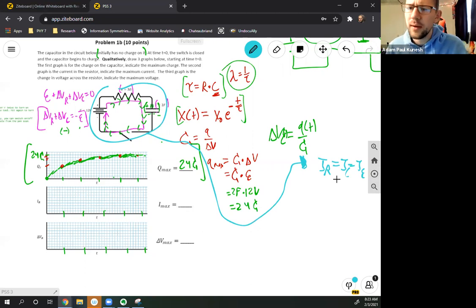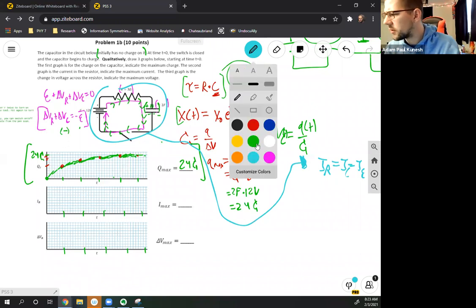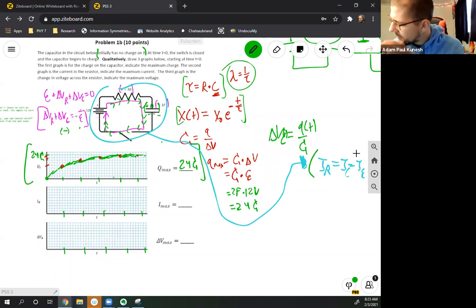Current can't just disappear because it's charge per time. We'd be destroying or creating charge out of nothing, and that's not allowed for charge conservation reasons. So you can't just create or destroy charge. It needs to come from somewhere. So the currents in all of these circuit elements are going to be the same once the switch is closed.